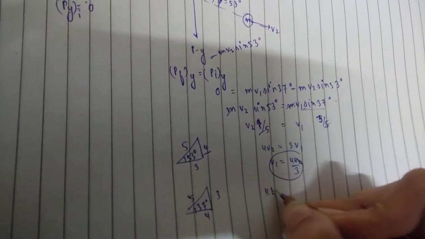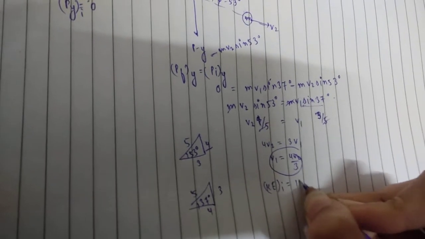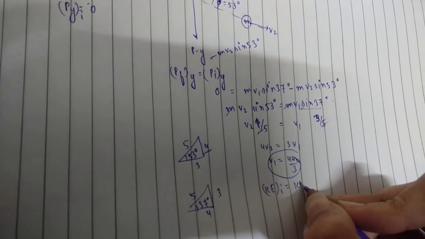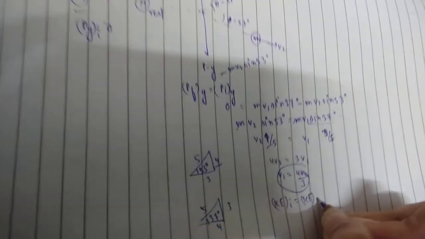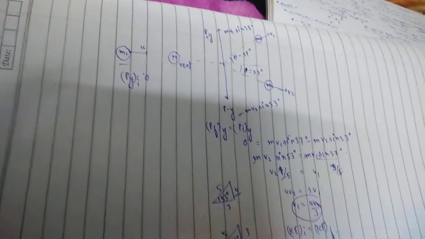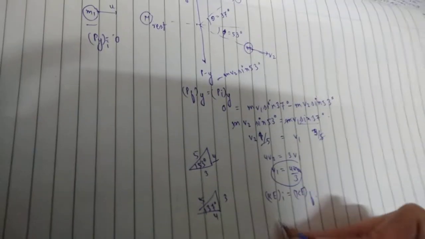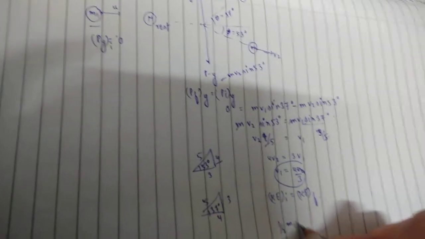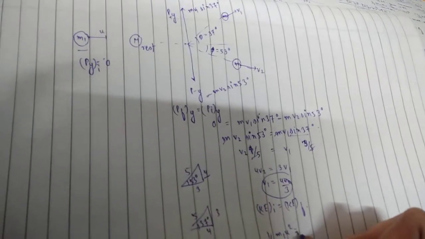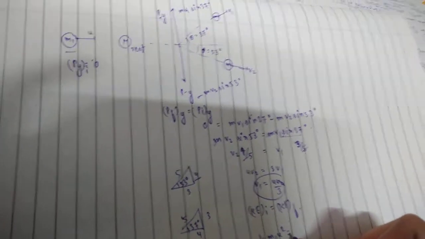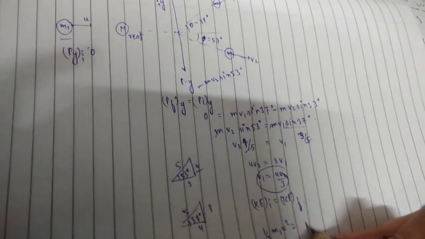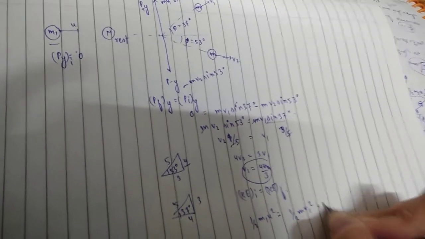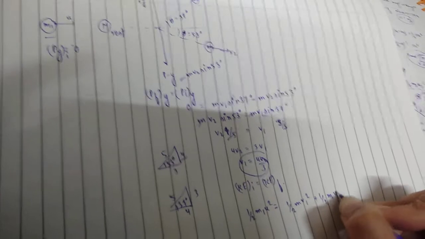Now I will apply the kinetic energy. Initial kinetic energy is equal to final kinetic energy. Initial is given to us as half m1 u square. Final kinetic energy is half m v1 square plus half m v2 square.